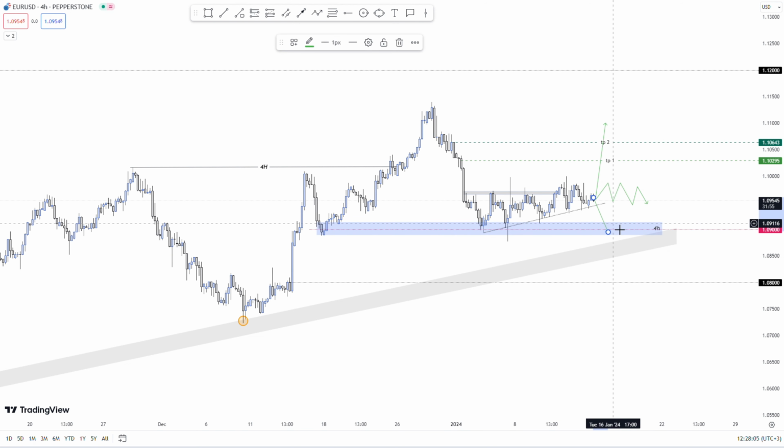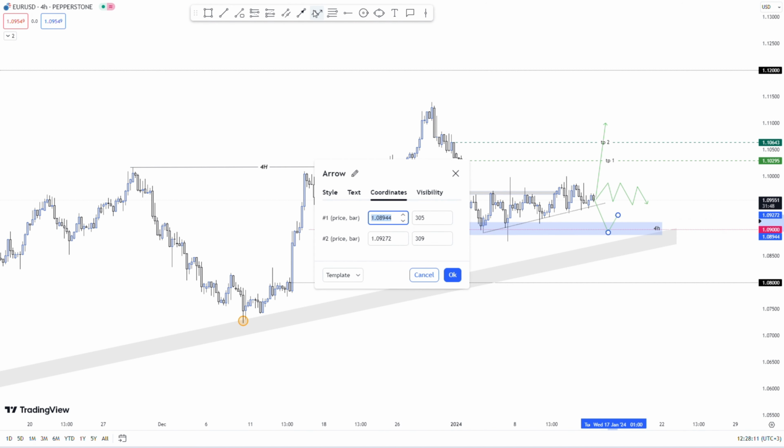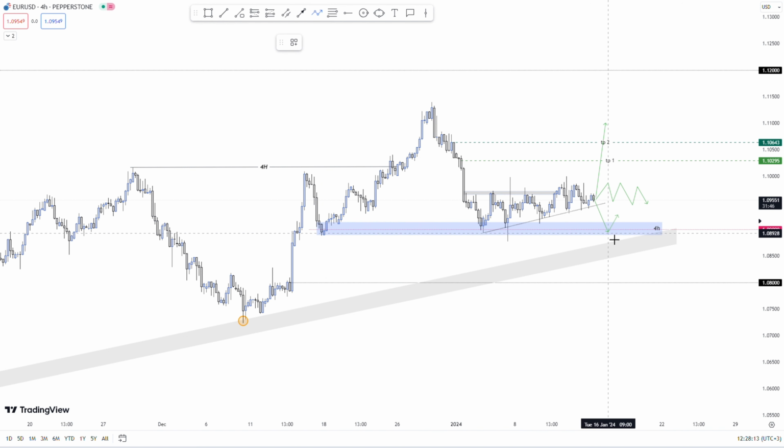So it will either reach this point and go up, or even reach this point, break it, retest it, and trade even lower. So you ask yourself, which move am I willing to take advantage of?